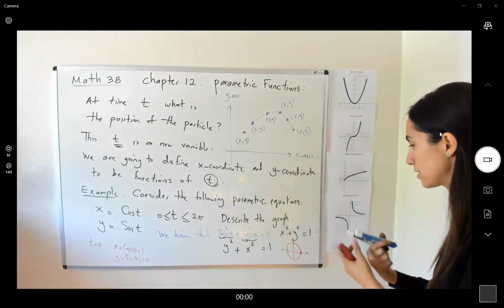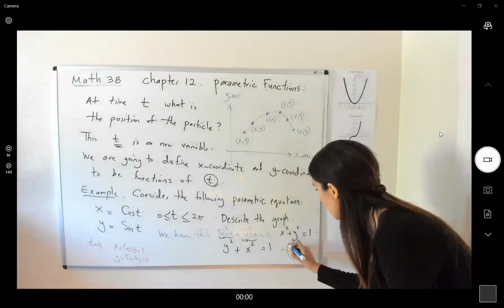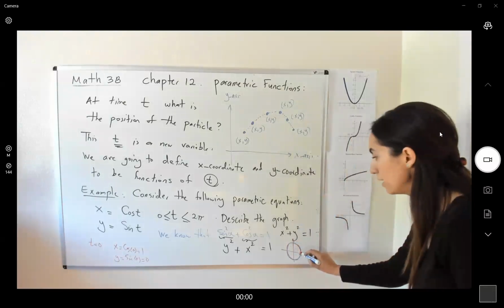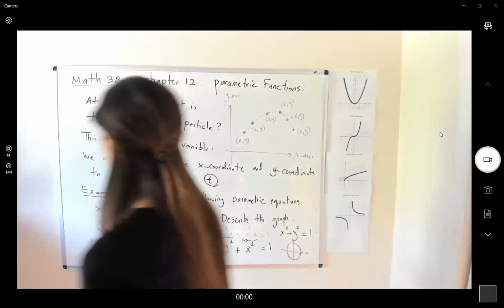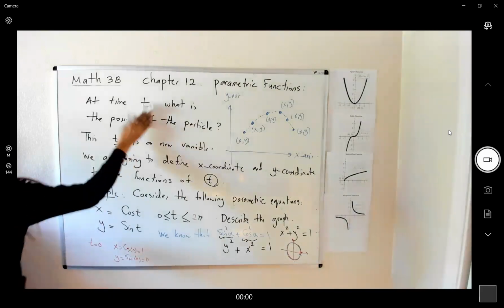It rotates around the origin along this unit circle and stops at this point. Very well. Let's go over another example.